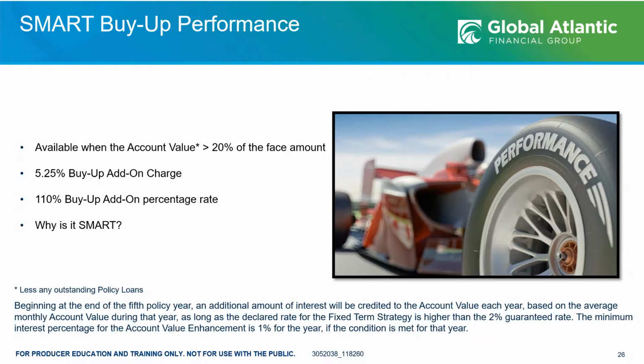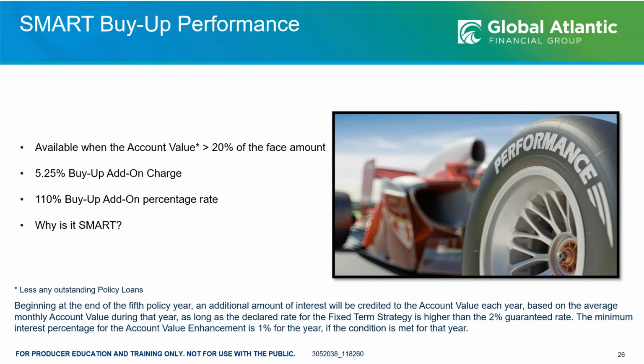And what's smart about this strategy is it doesn't actually start charging and getting the additional percentage until the account value is at least 20% of the face amount. The other thing that makes it smart is on the back end. If your client's taking distributions, that account value is going down.